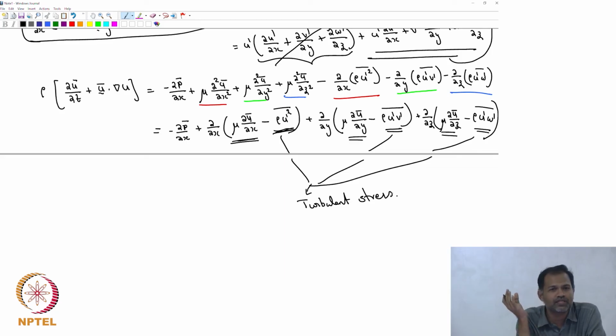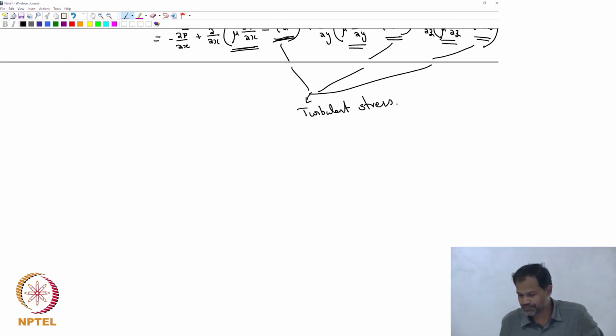There are certain models you would use when you want to solve a flow problem. If you think you can contribute, maybe this is one area you should think about: what is the best way to replace those fluctuating quantities, or is this split into mean versus fluctuation itself the right way to do it? Anyway, that's what I wanted to say about turbulent stresses.